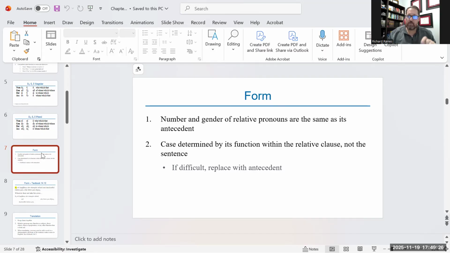Case, nominative, genitive, dative, accusative, is determined by how it functions within the relative clause, not necessarily the sentence. If it's difficult for you to translate it correctly, then you can replace it with the antecedent. We'll get into translation in just a minute.